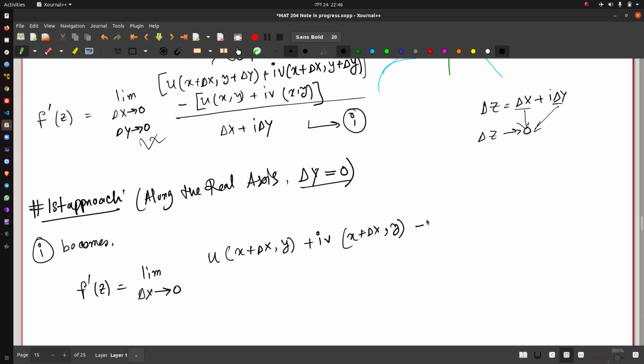Then you have a minus, and I'm just going to multiply the minus directly. You have u of x, y. Also note that since you are changing things on the real axis, you will only get del y equals 0. That means you are changing things on the real axis.